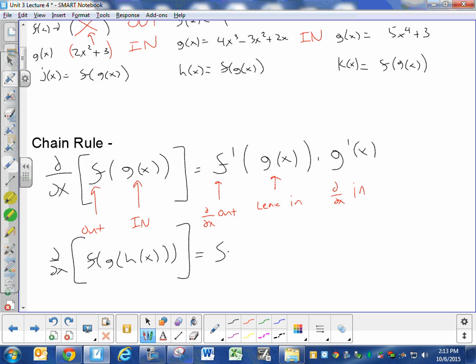It would be the derivative of the outside, leave the inside of that alone, times the derivative of the next outermost piece, leave the inside of that alone, times the derivative of the innermost piece. It just goes from outside in. F prime, leave it alone, times g prime, leave it alone, times h prime.